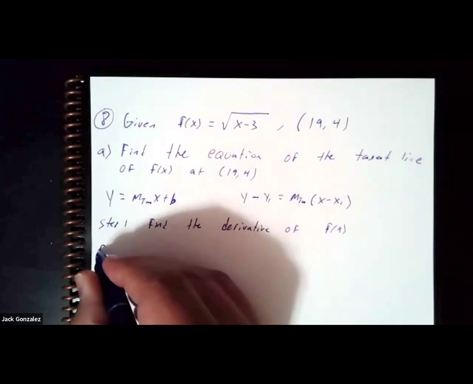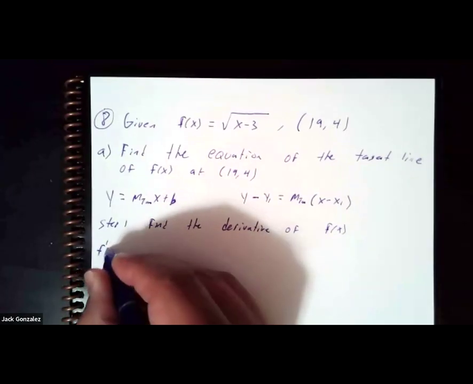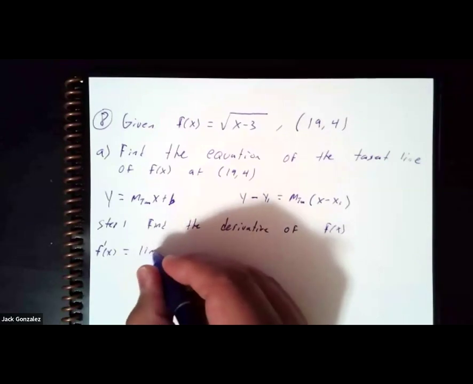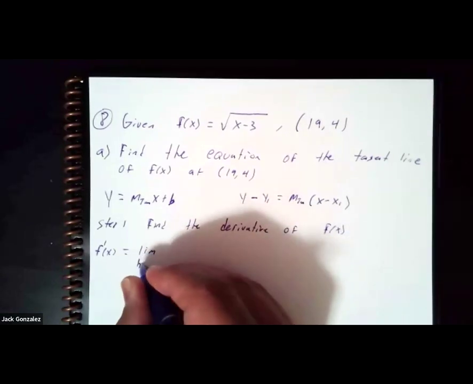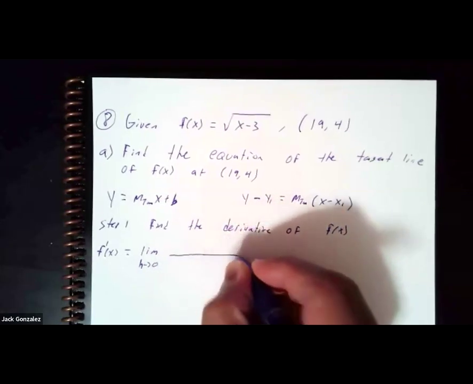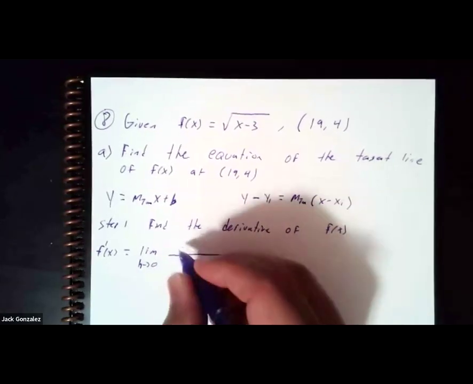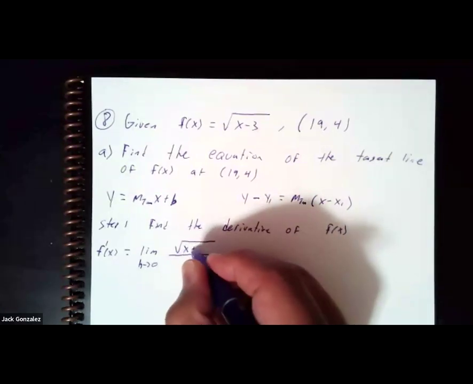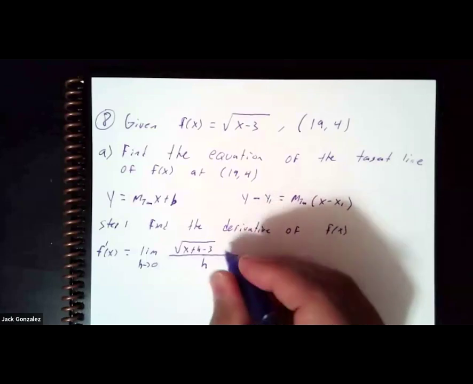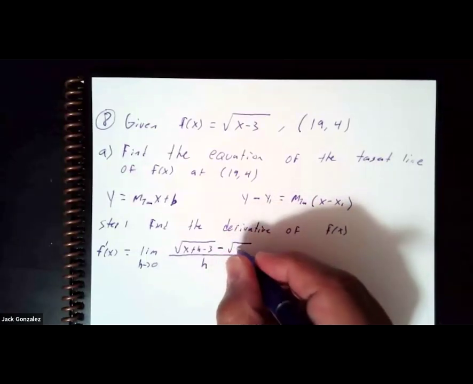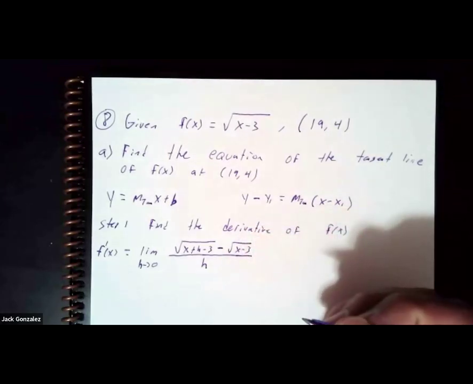So basically we should know that f prime is equal to the limit as h goes to 0 of the square root of x plus h minus 3 minus the square root of x minus 3, all over h, right?